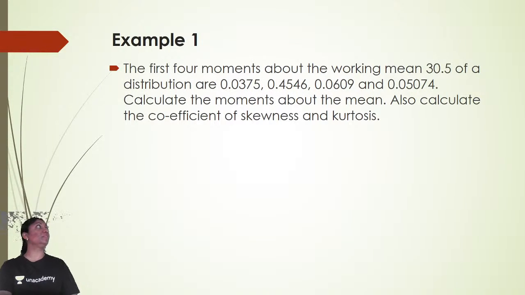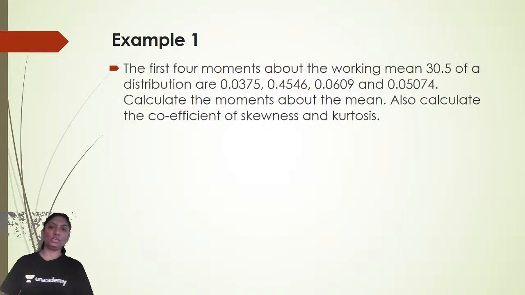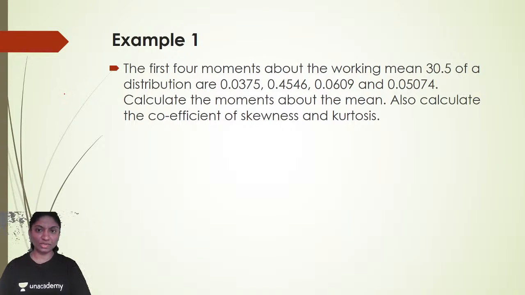We will see our first example. The first four moments about the working mean 30.5 of a distribution are 0.0375, 0.4546, 0.0609 and 0.05074. Calculate the moments about the mean.